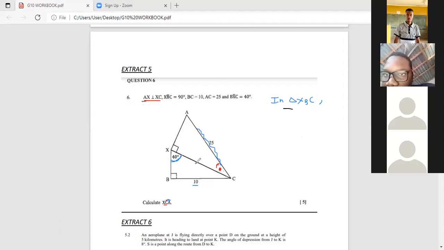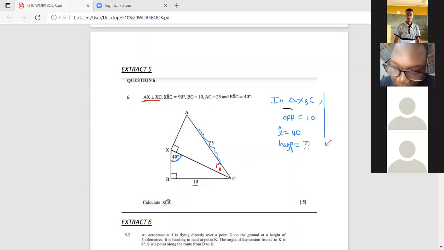I want the hypotenuse. In triangle XBC, what I know is the opposite side. This I know is equal to 10. I know an angle is equal to 40. What I also know, what I can find, is the hypotenuse. I can find this in this triangle here, in triangle XBC.